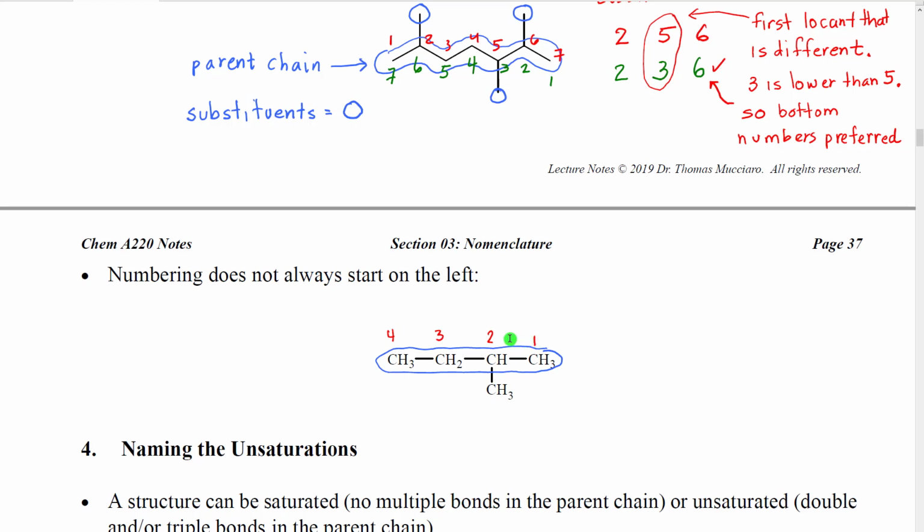We want to number from the right to put that substituent at carbon 2, as opposed to numbering from the left, which would put it at number 3. This is just sort of an artifact of the fact that we're accustomed to reading from left to right, and so we have a natural tendency to want to start numbering on the left. But again, depending on how the molecule is written, that may not be the correct numbering system.